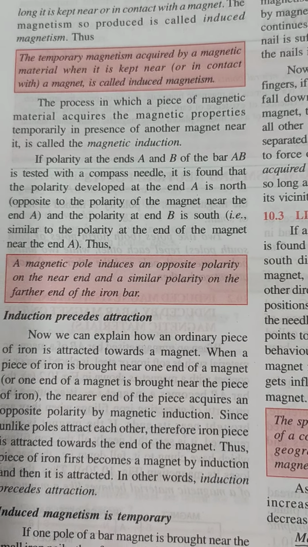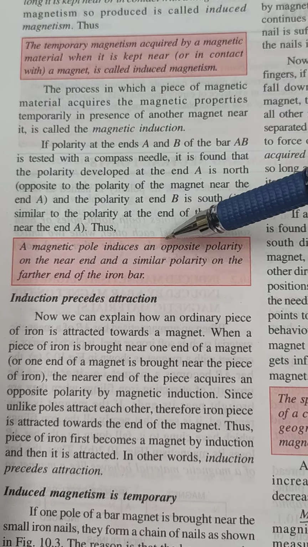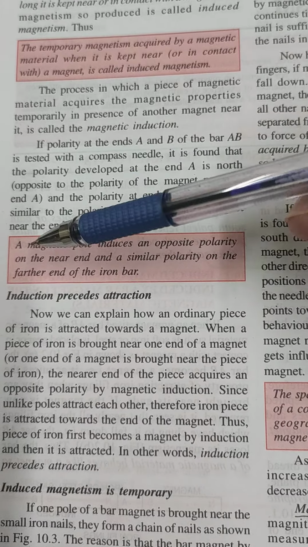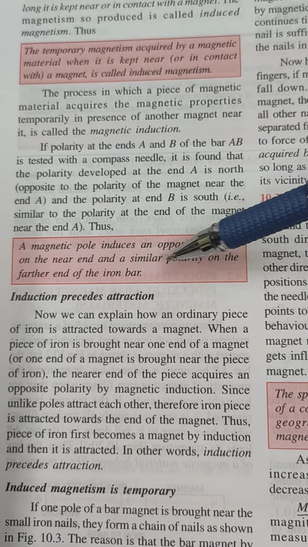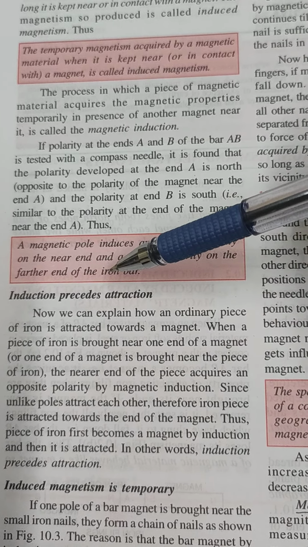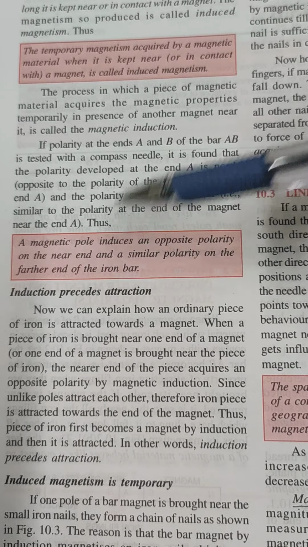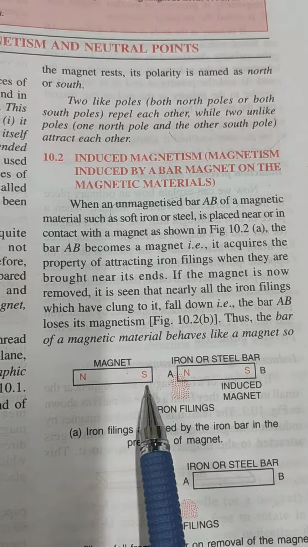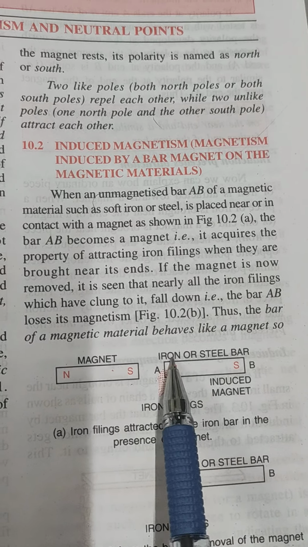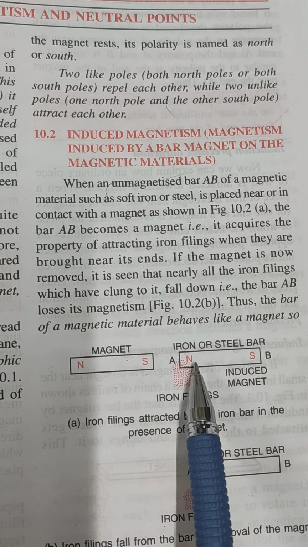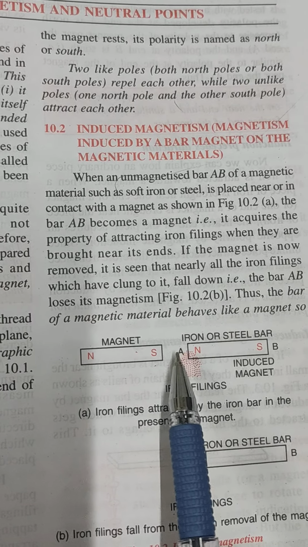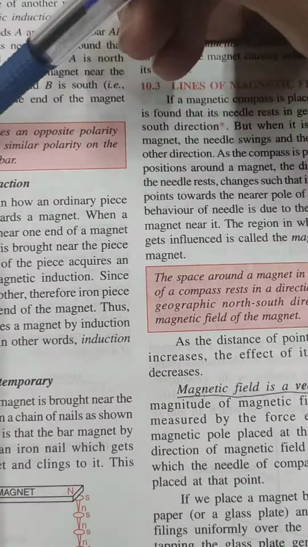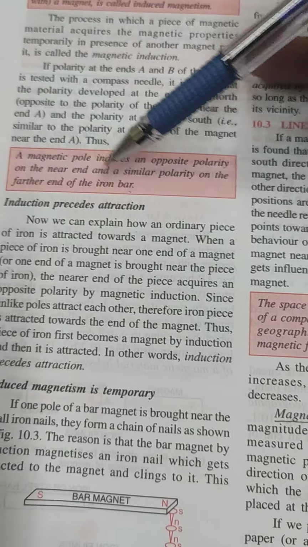And a magnetic pole induces an opposite polarity on the near end and a similar polarity on the further end of the iron bar. This is what we have seen here. This was the south pole, so here it was an induced north pole. Otherwise they would start repelling each other. Now, induction precedes attraction.